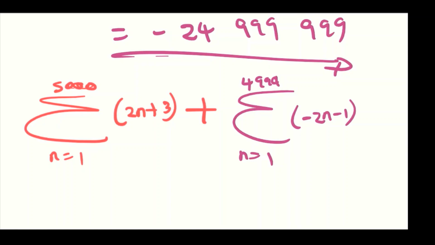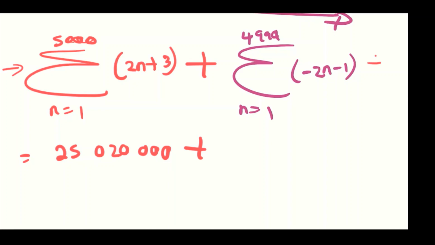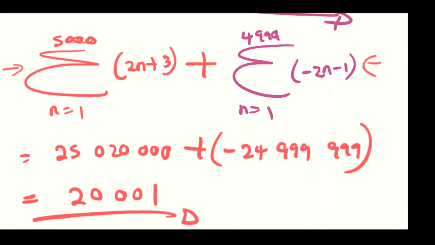The sum that we found for the first expression was 25,020,000, plus the sum of the second expression, which we found to be minus 24,999,999. So you're just going to add both sums and you will get the answer of 20,001. So this would be your final answer for this expression here.